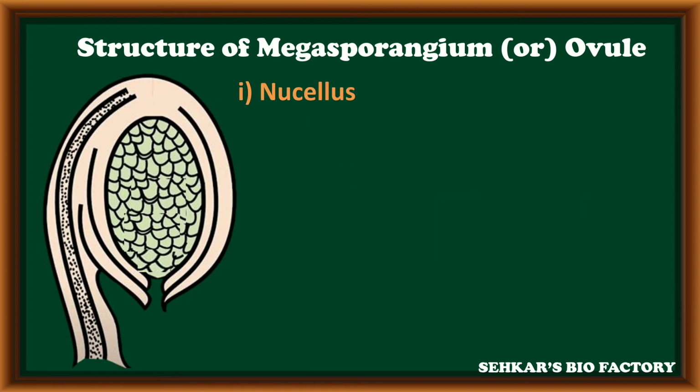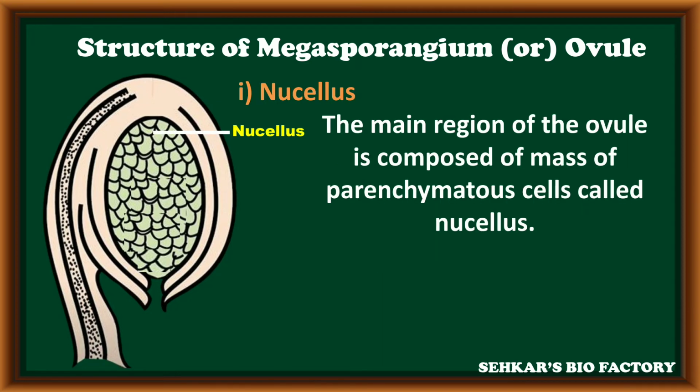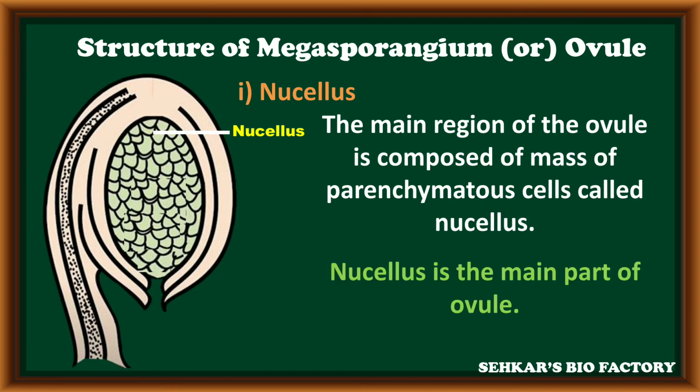The nucellus is the main region in the ovule. It is composed of a mass of parenchymatous tissue. This mass of diploid parenchymatous tissue is called nucellus. In this nucellus, the further development related to sexual reproduction takes place, so it is the main part of the ovule.